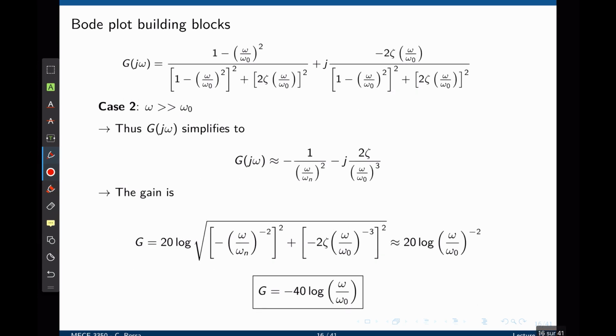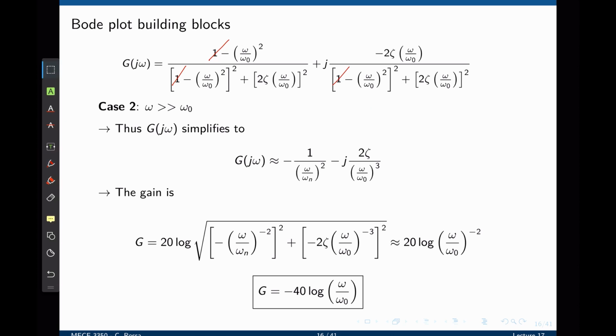In the second case, now we're going to consider the case where the input frequency is much greater than the cutoff frequency of the pole. In this case, you can assume that 1 minus (omega over omega 0) squared is approximately (omega over omega 0) squared. So this number 1 here can be neglected, this number 1 here can also be neglected, and so on.